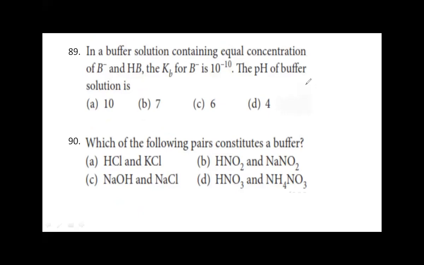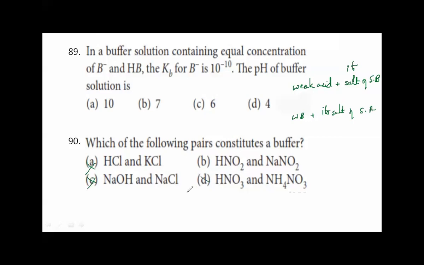It should be a weak acid plus its salt of a strong base, or it should be a weak base and its salt of a strong acid. Correct. So HCl is a strong acid, does not come. NaOH is a strong base, does not come. So these two options are ruled out.